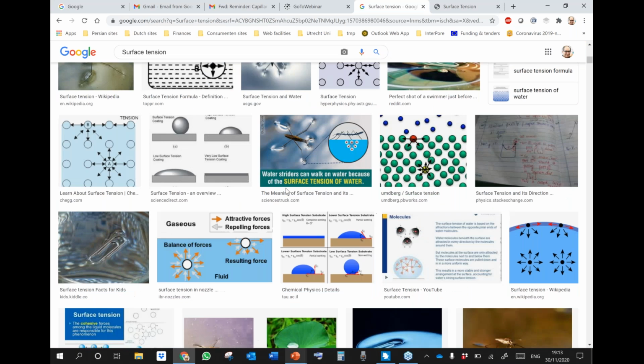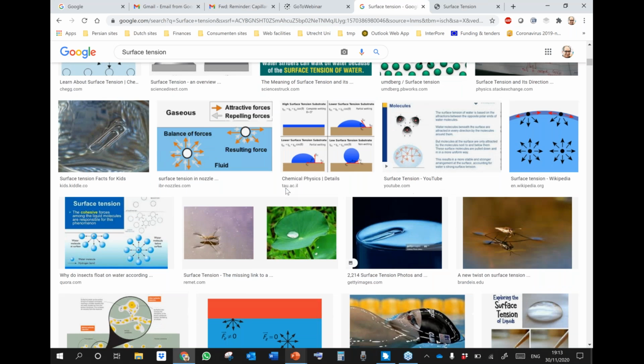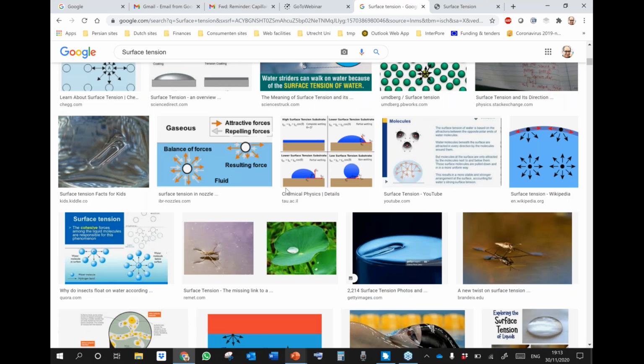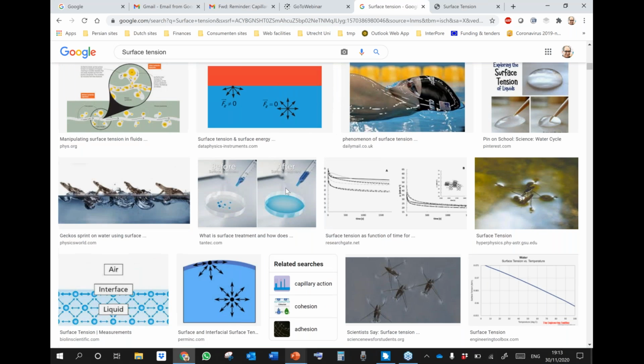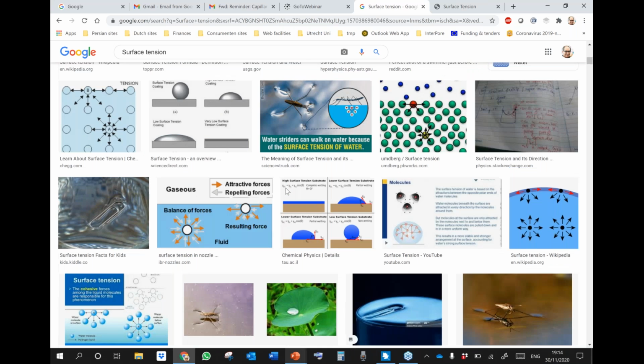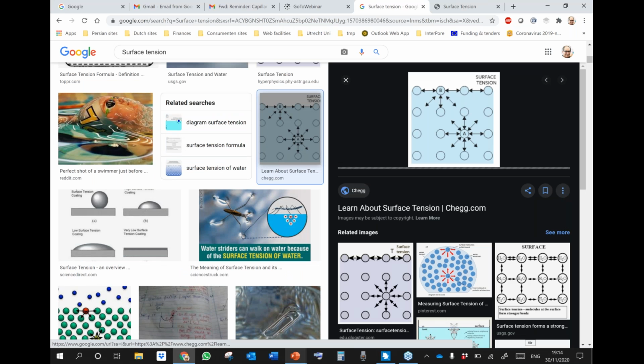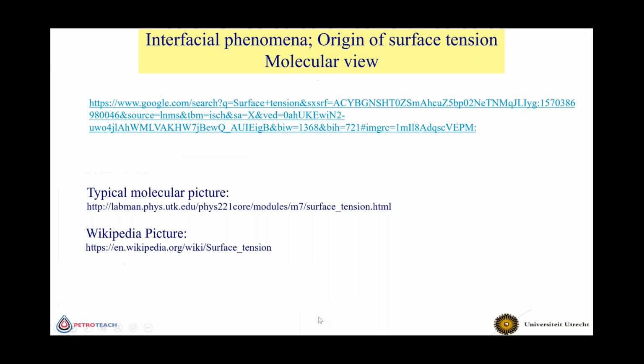Wikipedia has it wrong, even MIT has it wrong. They all show pictures like this, where they show an imbalance of forces at the surface. They say that's why you have surface tension, because there are attractive forces that are imbalanced. But inside the fluid, it also shows attraction forces, which is not correct. So the question is, what is the correct description?